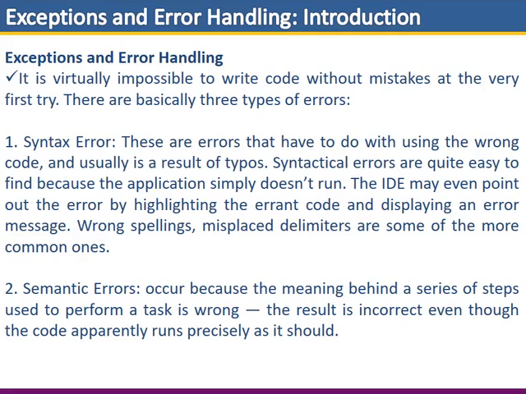We have discussed syntax error; semantic error we want to look into. Semantic error occurs because the meaning behind a series of steps used to perform a task is wrong. That is, the result is incorrect even though the code apparently runs precisely as written.